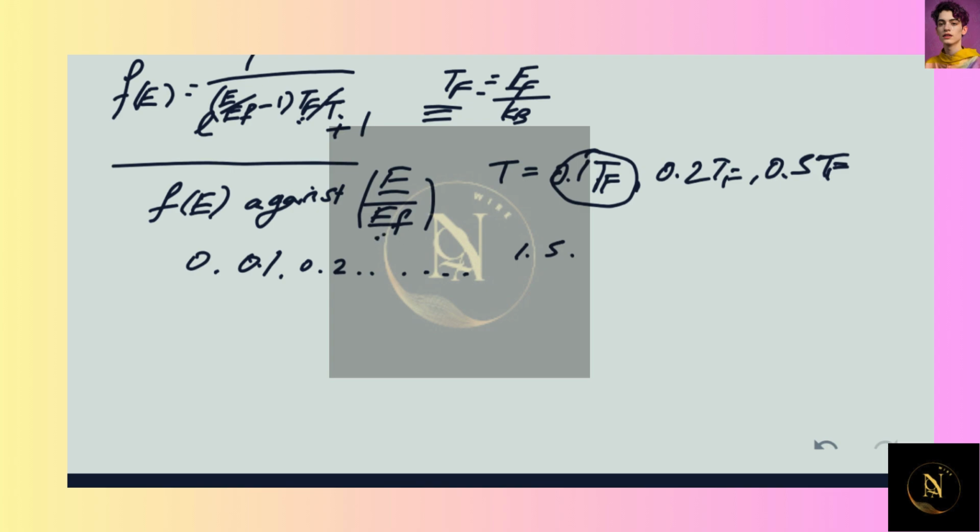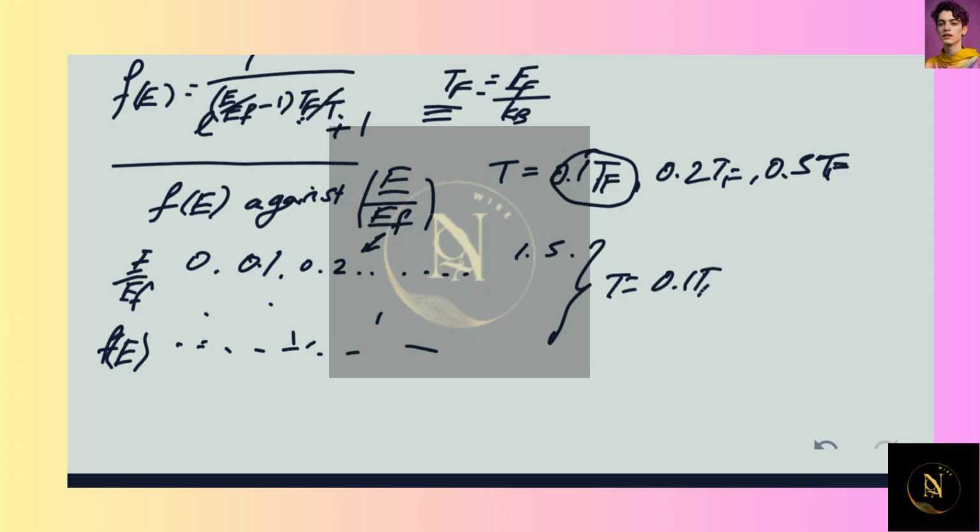We substitute that in and get our values of f(E), the Fermi-Dirac distribution function. We should get certain values for each of these E over EF for a particular t, say 0.1 TF, and then another set for 0.2 TF.